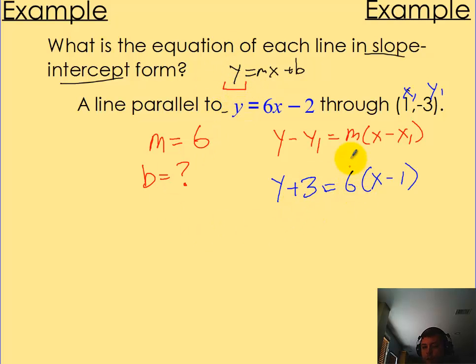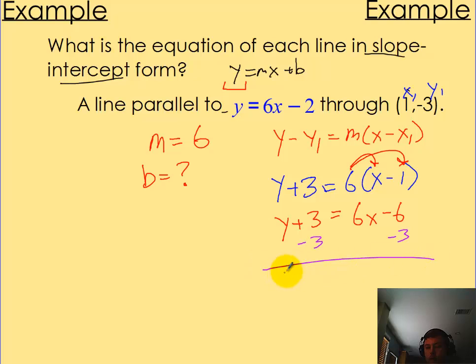So I'm going to distribute the 6 to both terms. So I get 6x minus 6 equals y plus 3. And now to isolate the y, I got to get rid of this plus 3, so I subtract 3 on both sides. So now I have y equals 6x minus 9. And this is my slope-intercept form answer. So we had to first find the point-slope form to get the slope-intercept form.